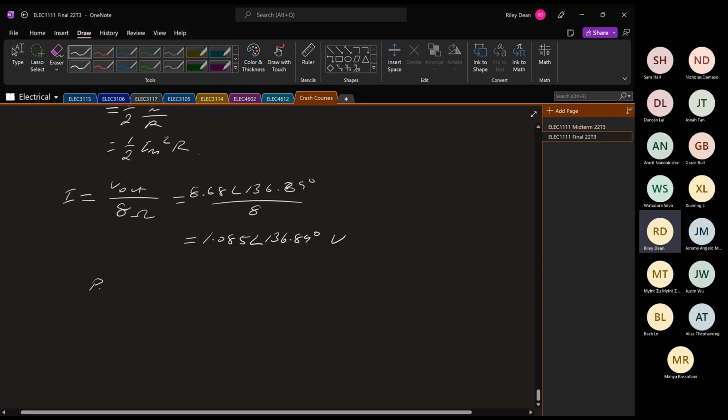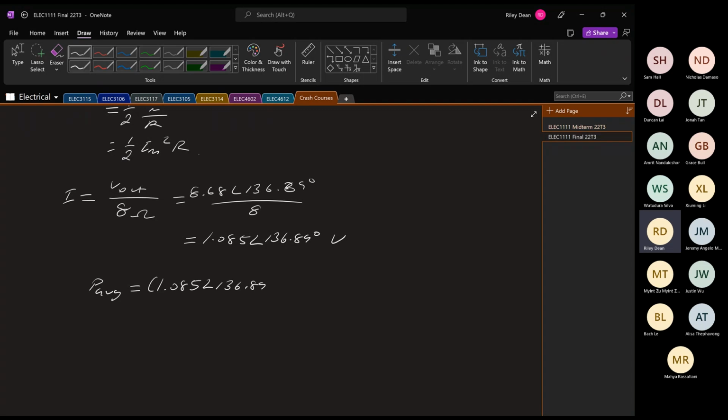Hence, P average is 1.085 with this same angle, squared, multiplied by 1. Now that I wrote that out, I realize you only need the magnitude because that's all we're concerned with. And that gives you 0.589 watts.